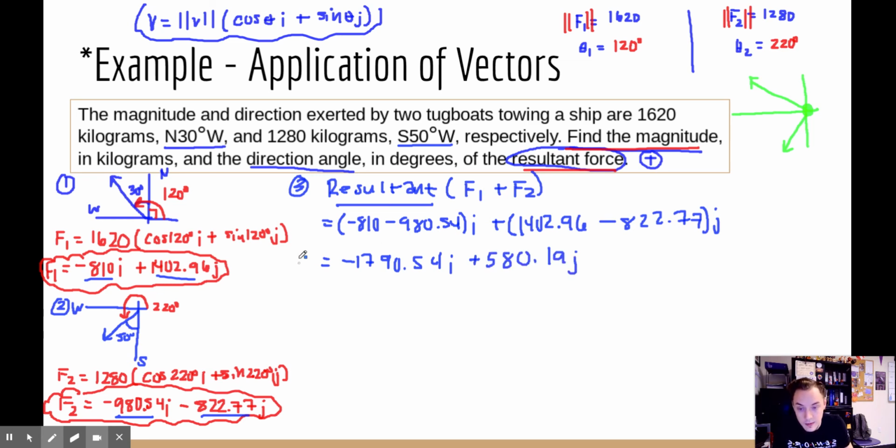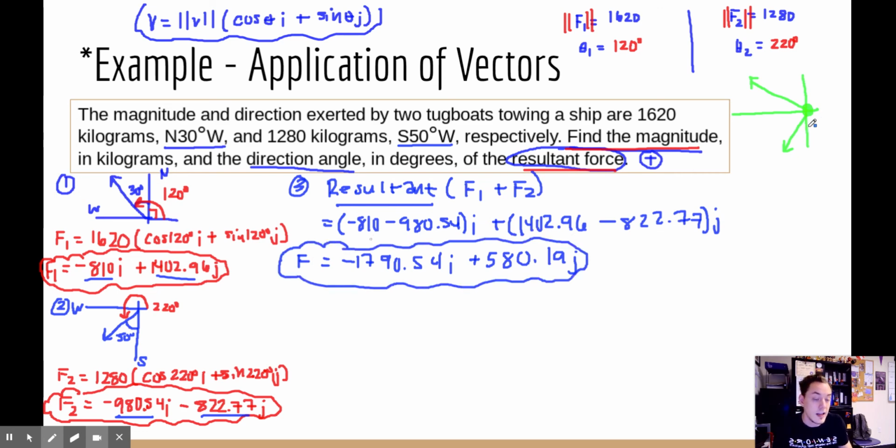I'm going to call this F, just my straight up force. This is the total force that's happening, the total vector, the resultant vector. In other words, when both of them are happening and I add these two vectors together, this is the total vector that's happening here.